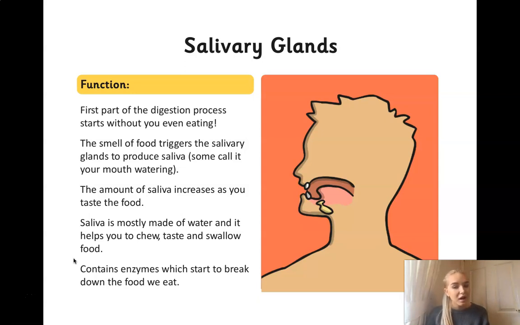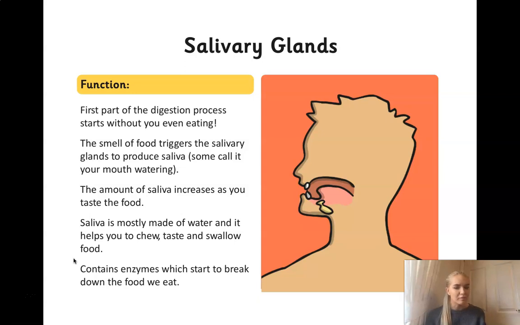And the amount of saliva increases as you taste the food. So the more food that goes in your mouth, the more saliva that your salivary glands produce. And that's because the saliva is mostly made from water. It helps you to chew, to taste, and to swallow food. And also, our saliva contains something called enzymes.